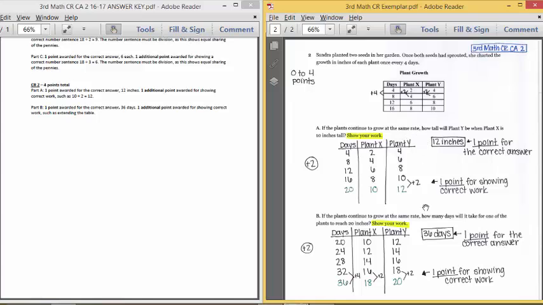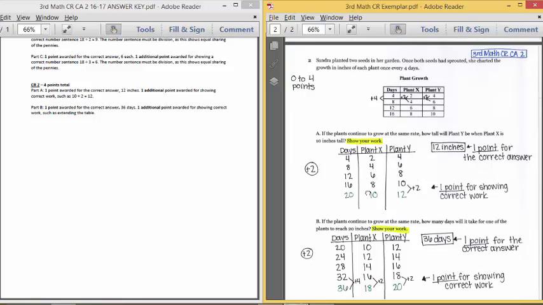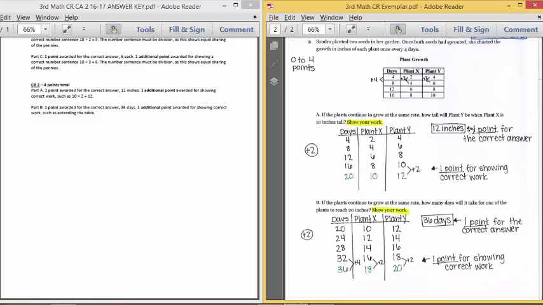They may also show, okay, I know that plant X is increasing in 2s, so 8 plus 2 is 10, and I can see that plant Y is increasing in 2s, so 10 plus 2 is 12. They may only show this part, and that would receive 1 point for showing the correct work. Scholars should also receive 1 point for the correct answer, which is 12 inches. When plant X is 10, plant Y is 12.